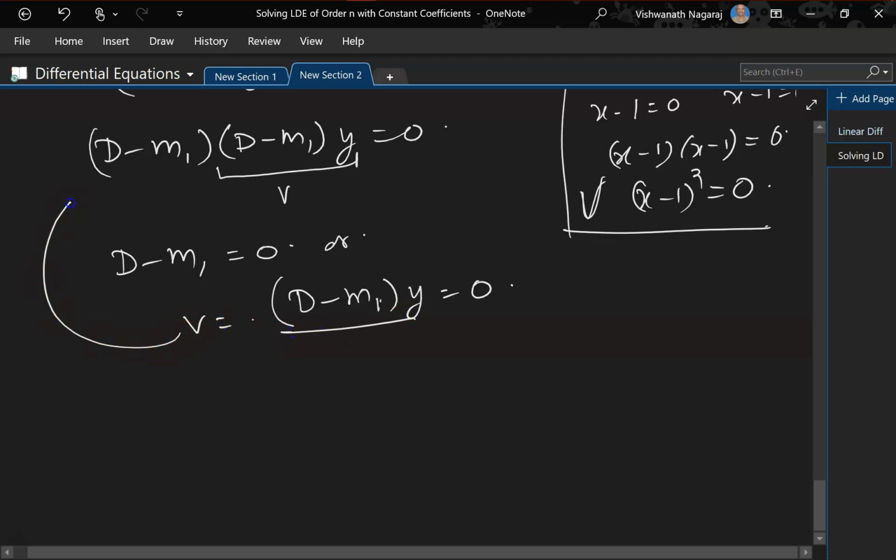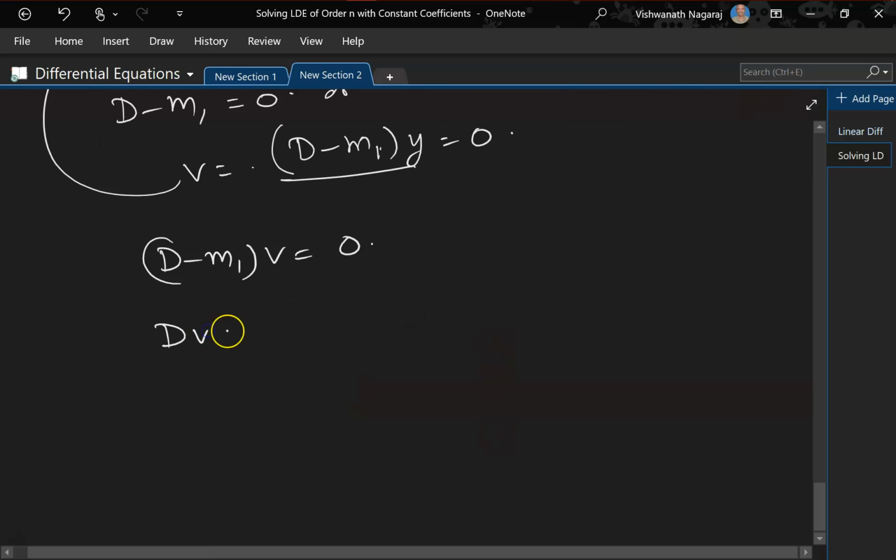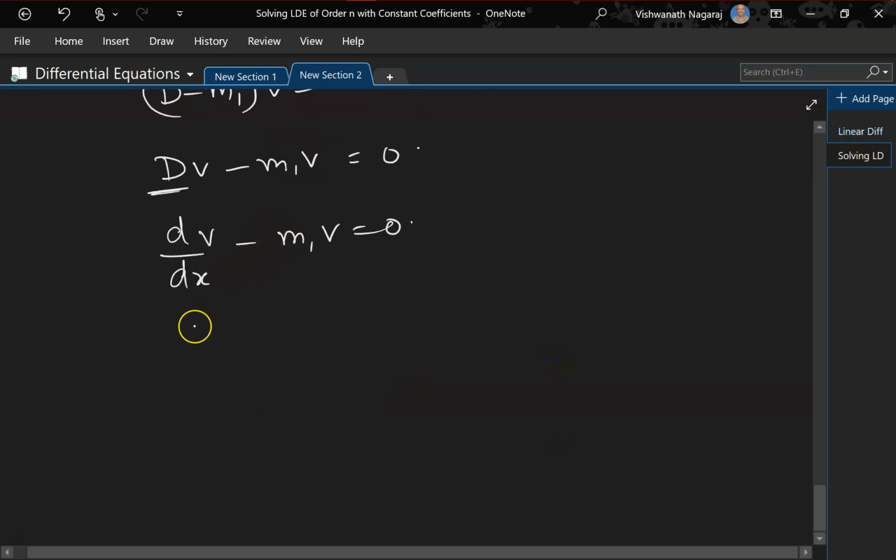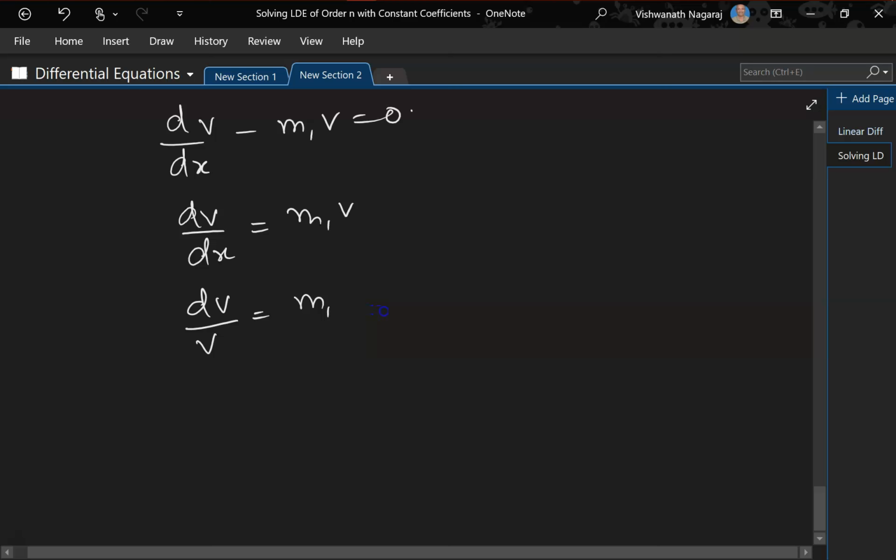So when we substitute back into this, we get (D minus m1) v equal to 0, Dv minus m1 v is equal to 0. Now remember, D is nothing but d by dx. So dv by dx minus m1 v equal to 0. Now let's move them around. dv by dx is equal to m1 v, dv by v is equal to m1 dx.